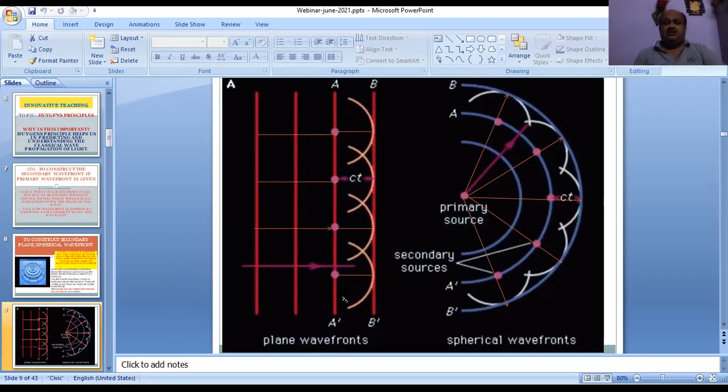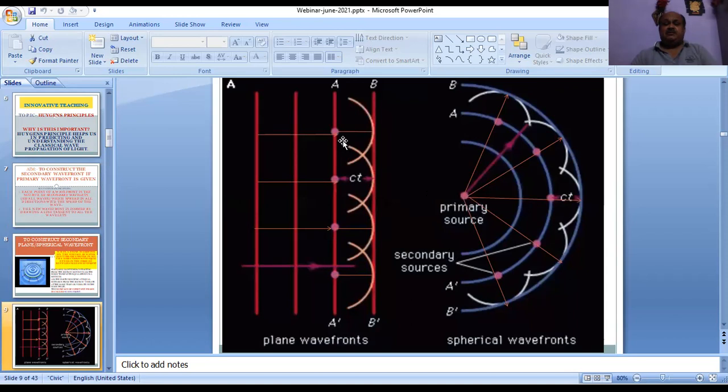On the basis of Huygens principle, we will see what the position of the secondary wavefront is. According to the principle, we have to consider some points on the primary wavefront which act as fresh sources for the secondary wavelets. So I have taken some points. Let us see here, 1, 2, 3, 4 points. Here also I have taken 1, 2, 3, 4 points.